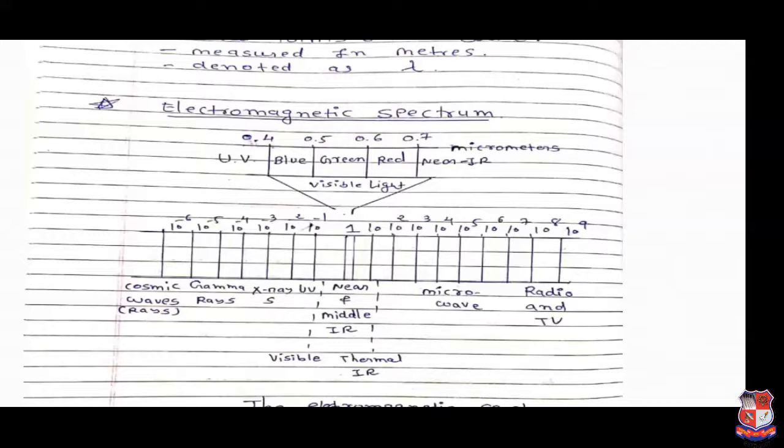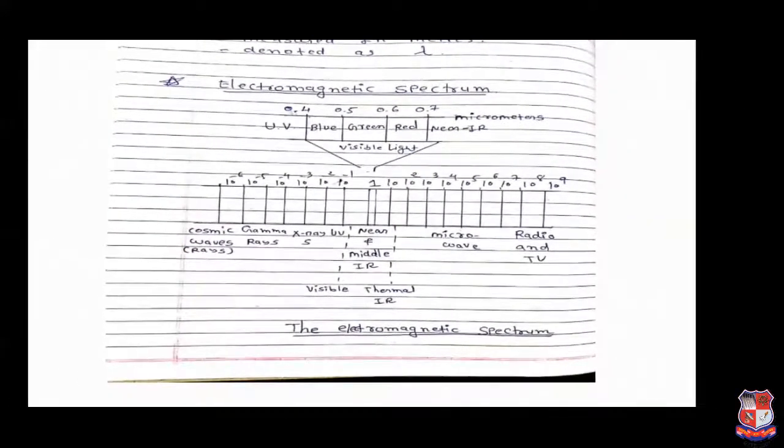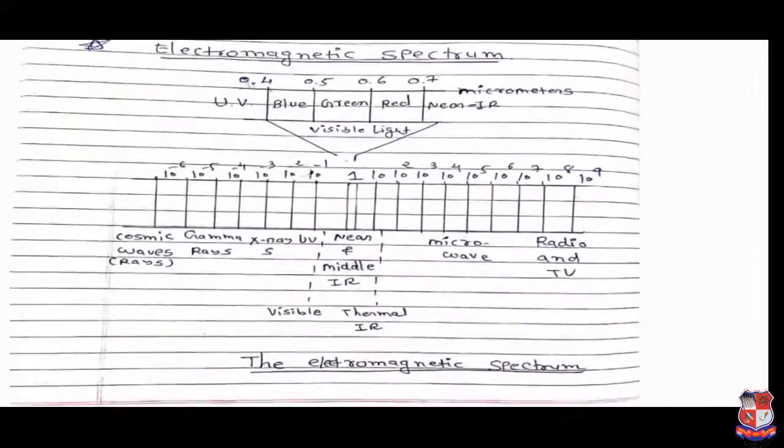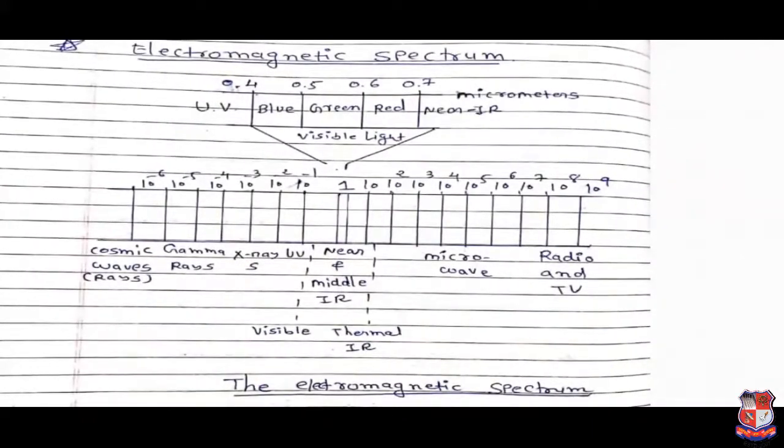As per our requirement, we select any of these waves to be used in our surveying instruments. This is a figure of the electromagnetic spectrum, where you can see from 10^-1 to 10, it is the visible waves towards the thermal infrared waves, which is suitable for eyesight, and afterwards all the waves can be utilized in EDM instruments.